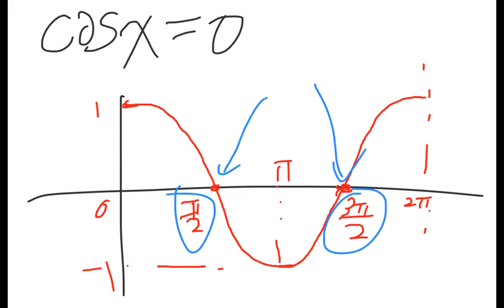So that becomes the solutions for the equation cosine x equals 0.